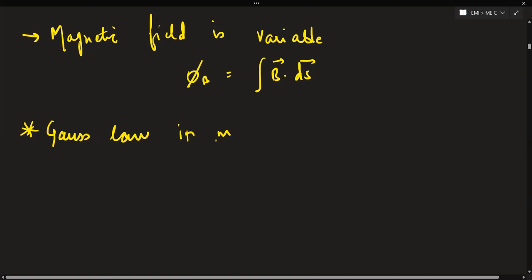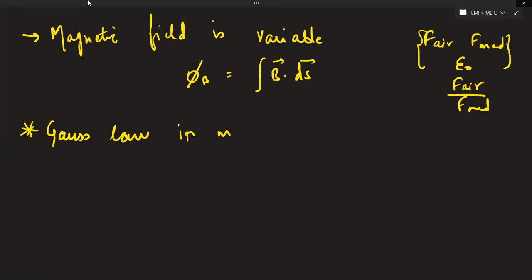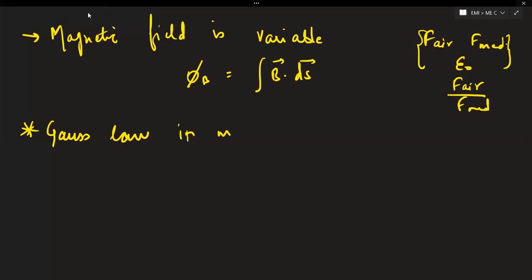The permittivity question also comes. Remember we did F in air and F in medium, related by epsilon naught. This is a very short question. It can be confusing whether it's F air divided by F medium or F medium divided by F air. What's the right answer? Such questions are asked by the examiner.